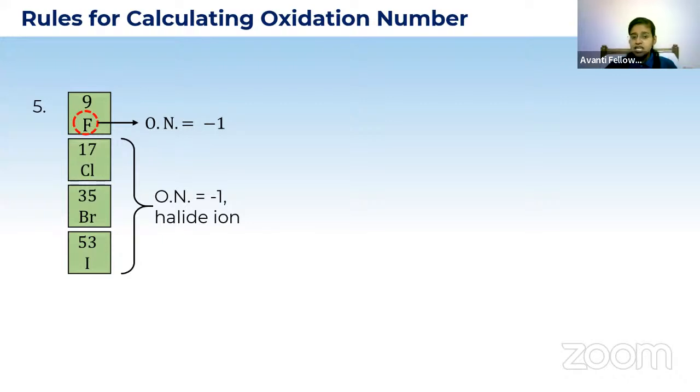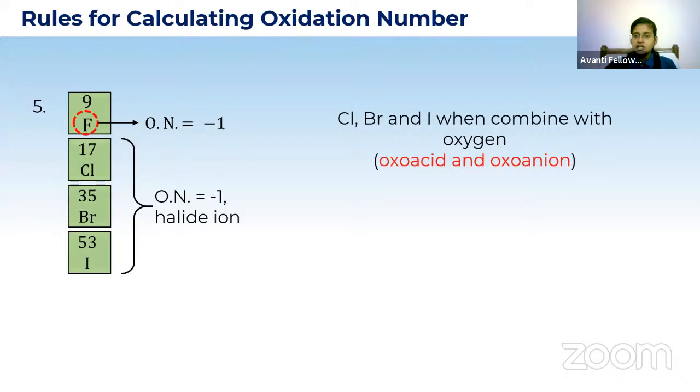But when these elements are bonded with a more electronegative element other than these, then they will take a positive number. For example, when chlorine, bromine, and iodine are combined with oxygen, they form oxo acids and oxo anions. Oxo acid means, for example, HClO4.